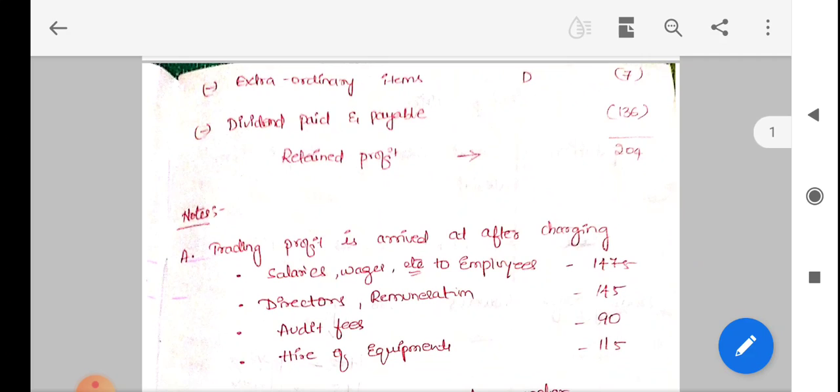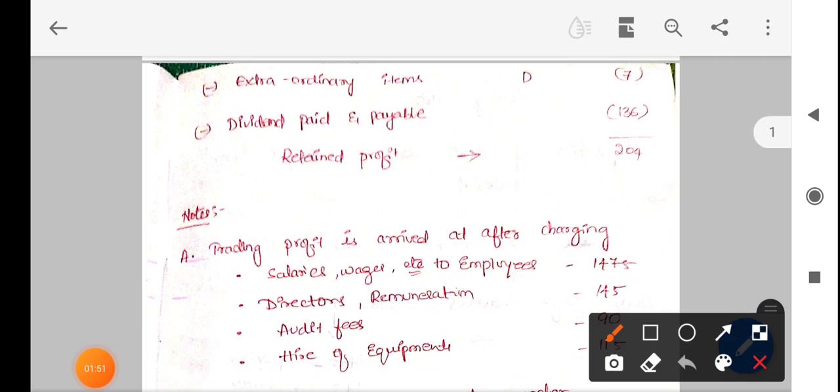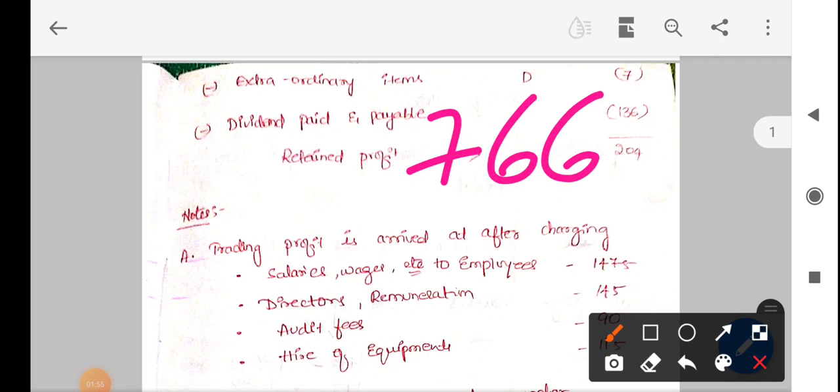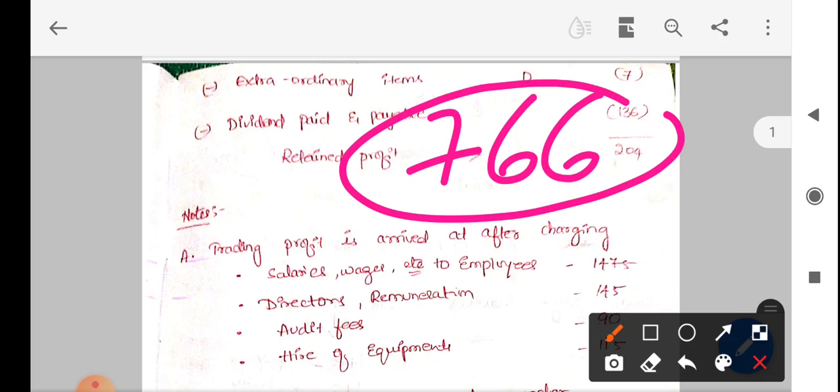So here is the adjustment. Adjustment number 1 is trading profit is arrived at after charging. The trading profit amount given in the problem is 766. So the 766 is arrived at after charging, which means after paying salaries, directors' remuneration, audit fee and hire of equipment.